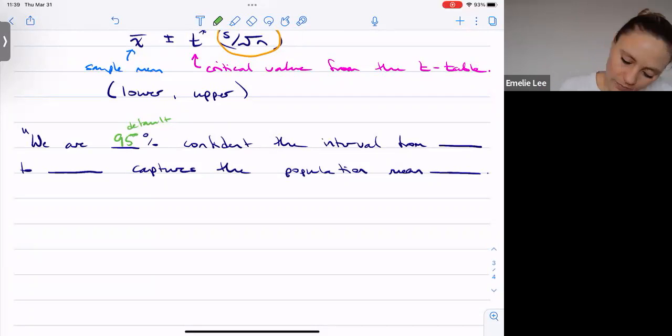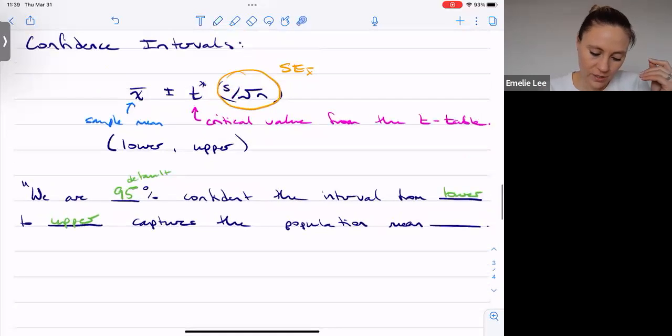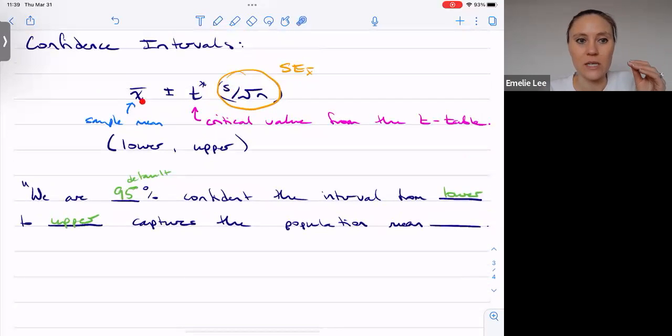But from the lower to the upper, it captures the population mean because we've built it around the sample mean, right? It's really important that you use that terminology, capture. I'm trying to capture the population mean.